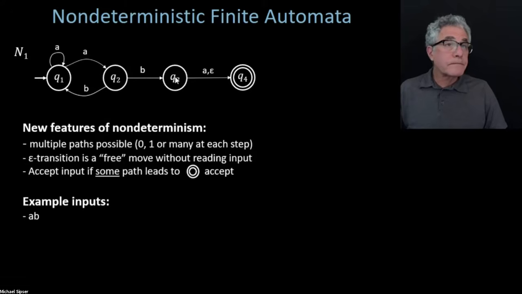And so once it has read a B and gone to Q3, it can either stay in Q3 or it can go along the empty transition and go to Q4. So again, there's going to be a non-deterministic step at this point.